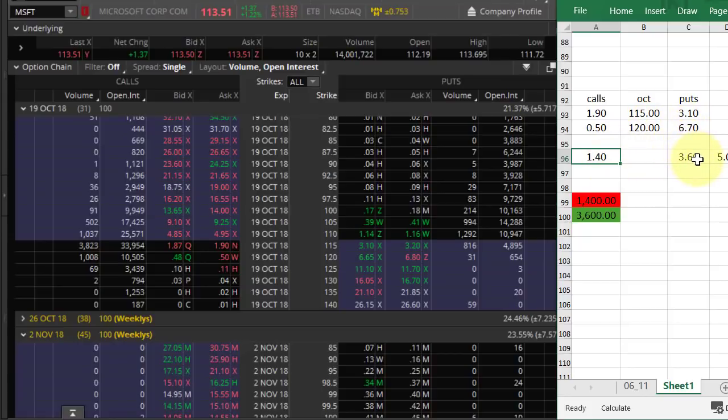Or the opposite, $3.60 plus $1.40 is 5. Calls and puts, they're the same exact thing. This shows their relationship. If you know the vertical of one side, you automatically know the vertical of the other side. If you know your risk in the vertical is $1.40 and the vertical is $5 wide, you know your reward is 5 minus $1.40.